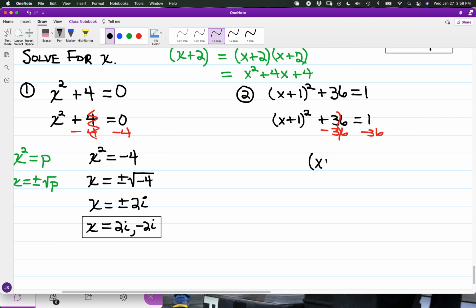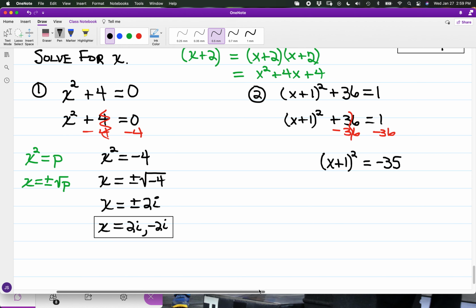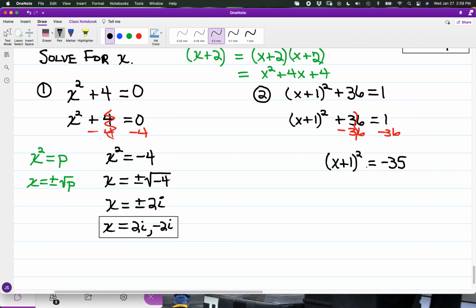So we have the square of x plus 1 is equal to -35.